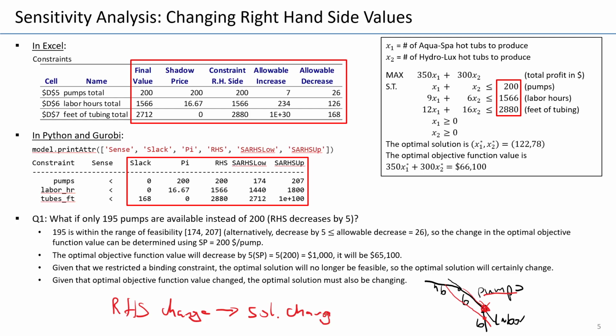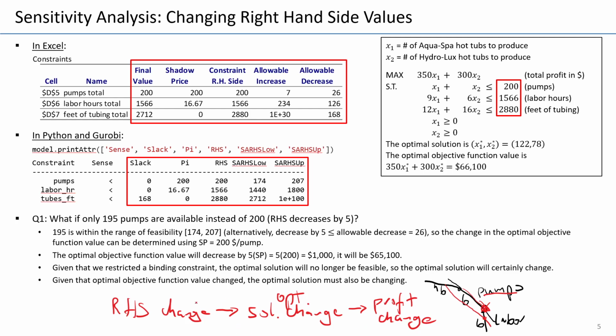The optimal solution changes, and that change changes the profit, or in general, the optimal objective function value, right?